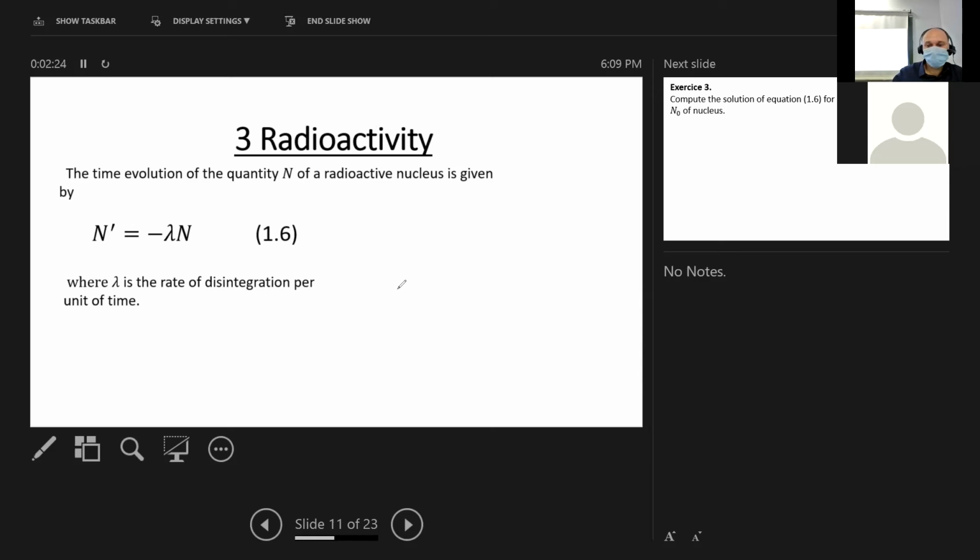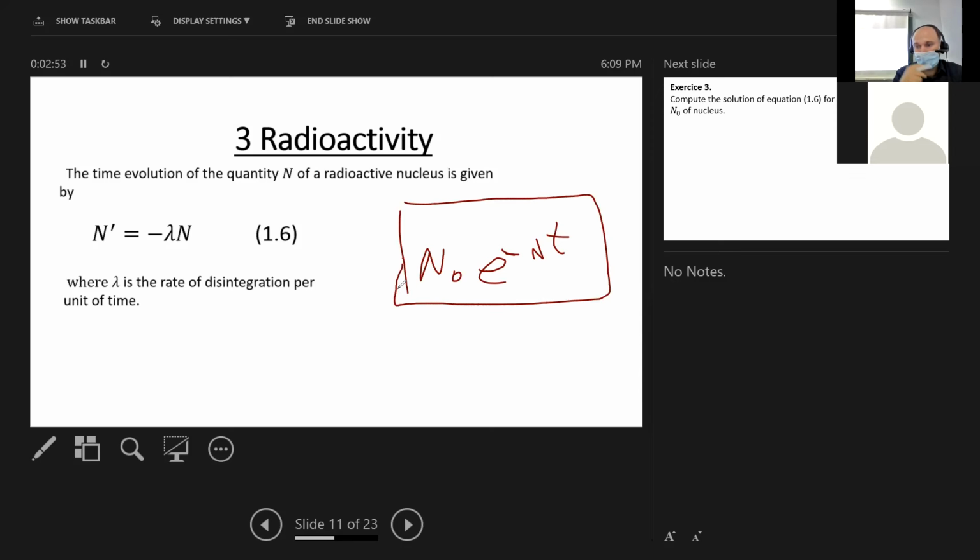So the solution here of equation 1.6 is given by n0 exponential minus lambda t. All right. It's classical. It's okay. I can move on.